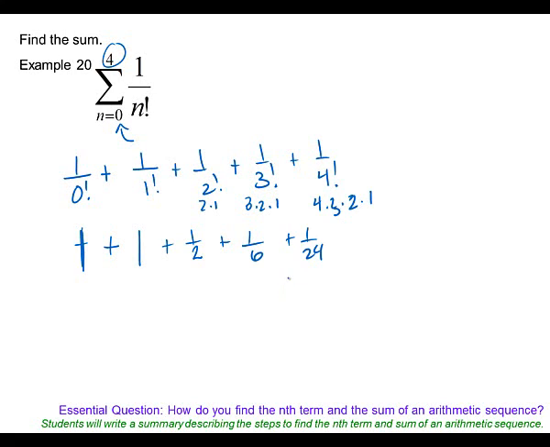Now, you have a calculator. Is it okay to put those fractions in your calculator and add it up? Yes, absolutely. So use the functionality of your calculator, but I want a fractional answer. I don't want a decimal point. So see if you can get it as a fractional answer.